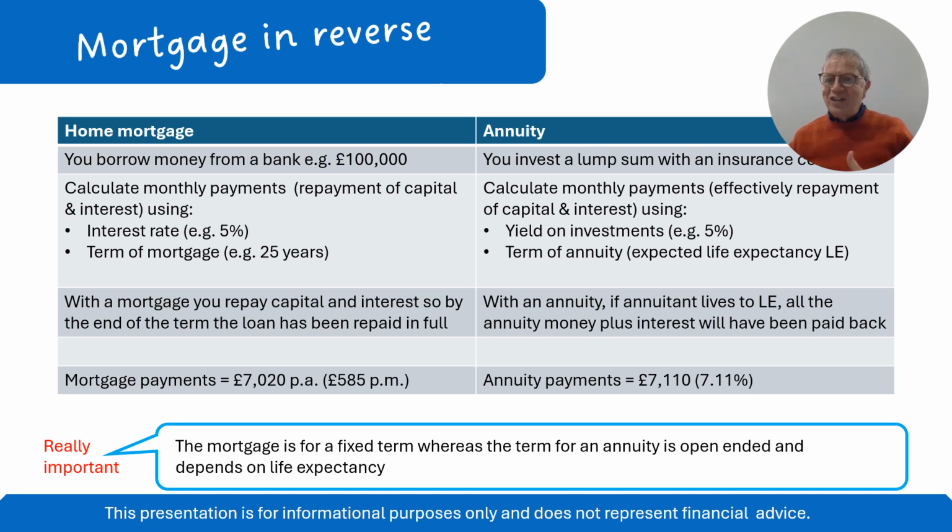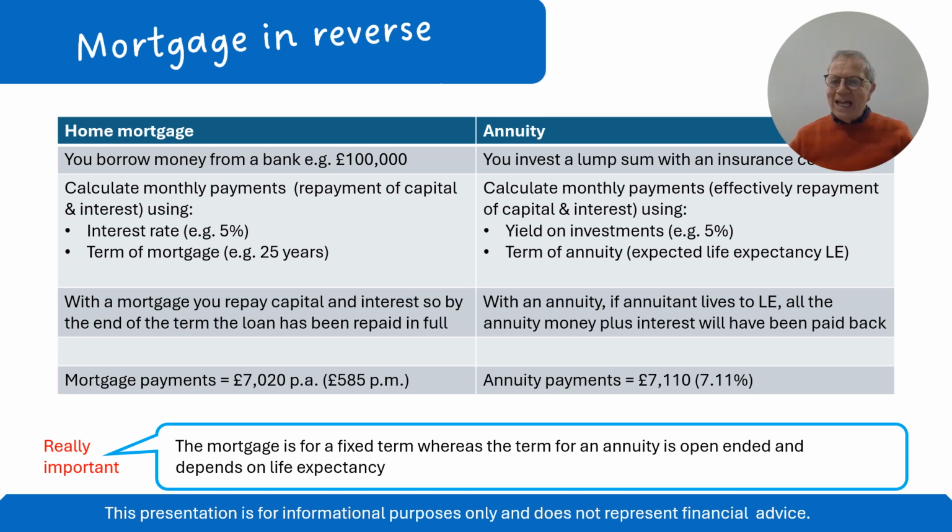Now, there's no fixed term. It's open-ended, but the term of the annuity at the beginning is based on the expected life expectancy. So with an annuity, if the annuitant lives the full term, i.e. to their normal life expectancy, they will receive all of the money plus interest, and that'll be paid back.